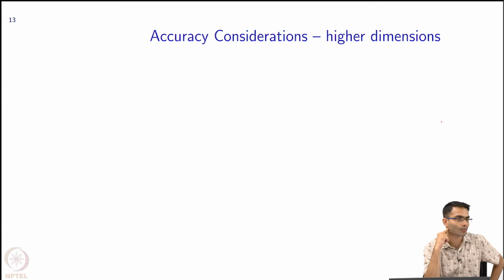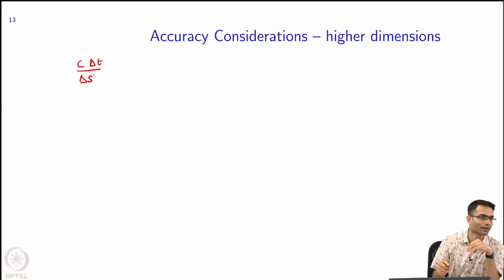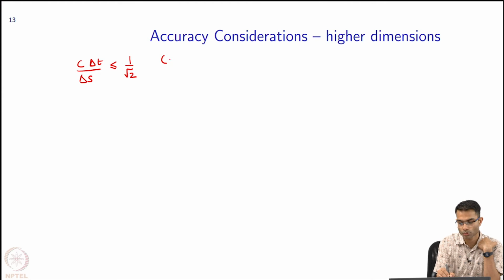If you remember, the relation was C delta t by delta s, where delta x is equal to delta y. In the case of 2D, what was it less than or equal to? 1 by root 2 in 2D, and in 3D this was smaller still.